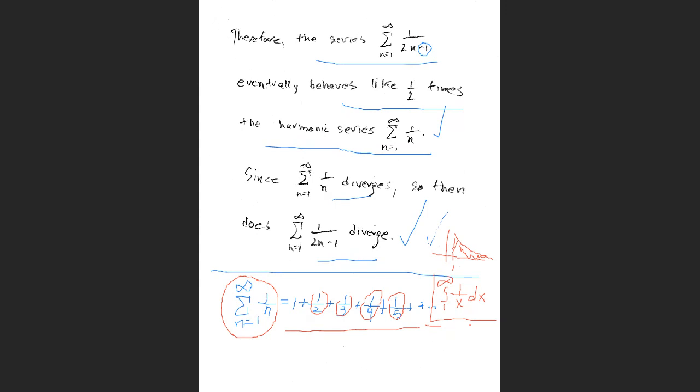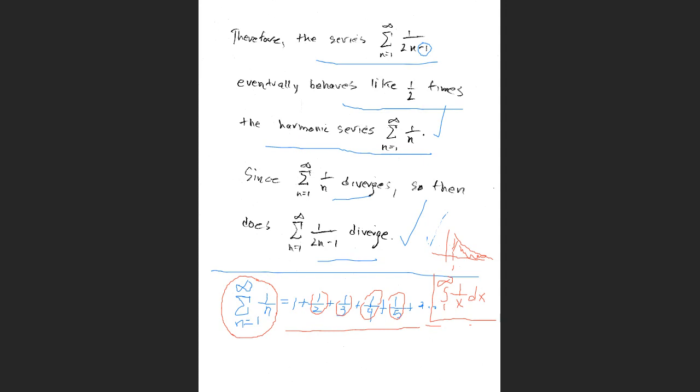Or we use the limit comparison test, where we also make a comparison of the complicated series to a series we know something about. We all know what those series are going to do.